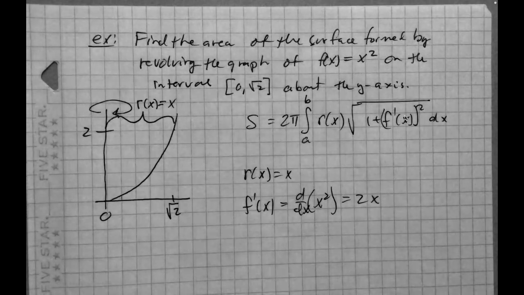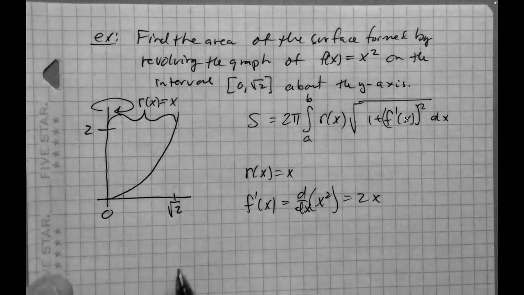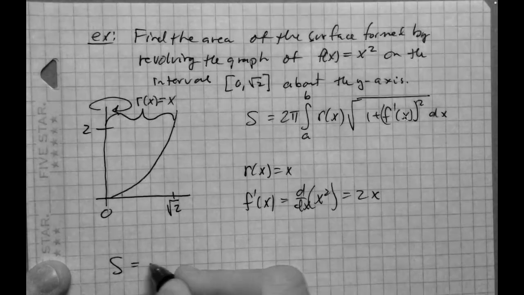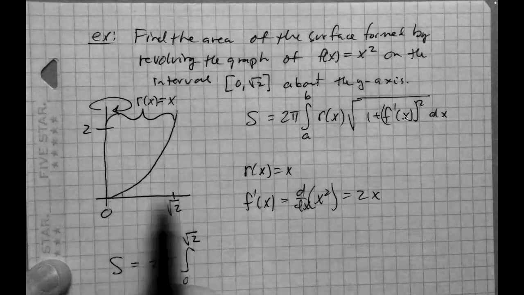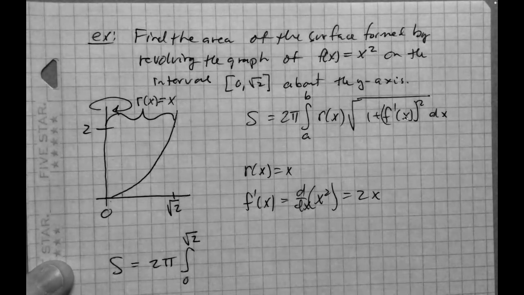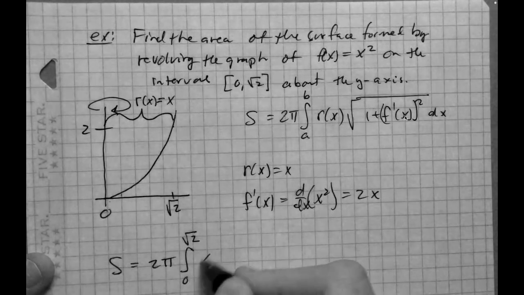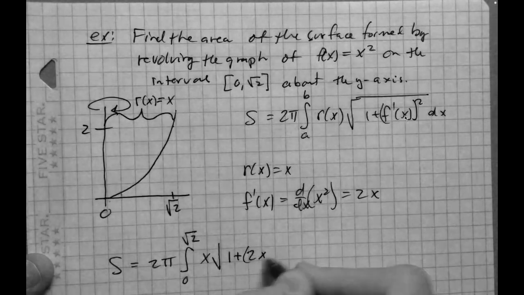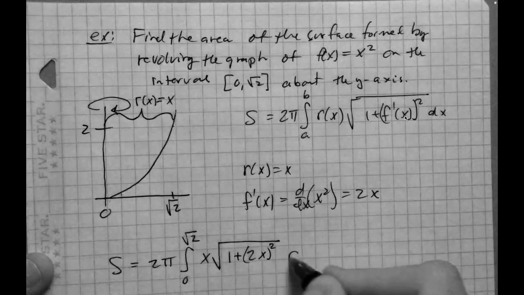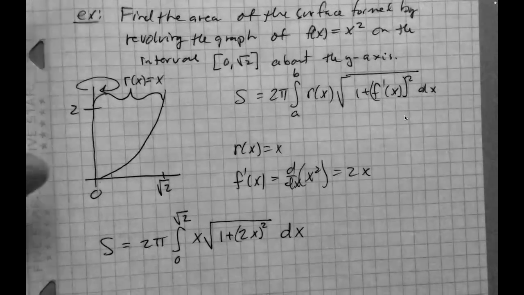So we can plug and chug here. So S is equal to 2 pi times the integral from 0 up to the square root of 2, so integrating along here, of x times the square root of 1 plus 2x, and we have to square that, take the square root, just like so, right?